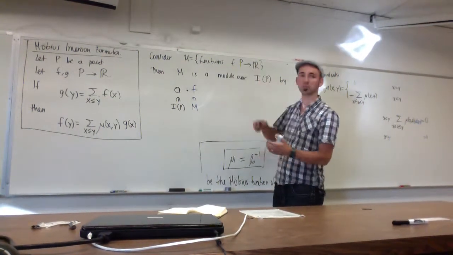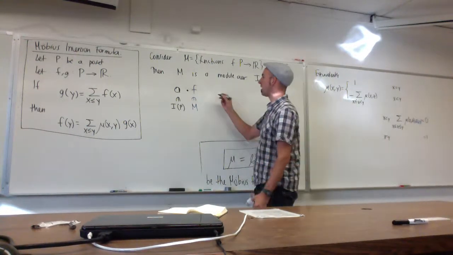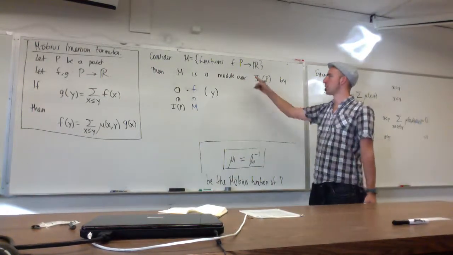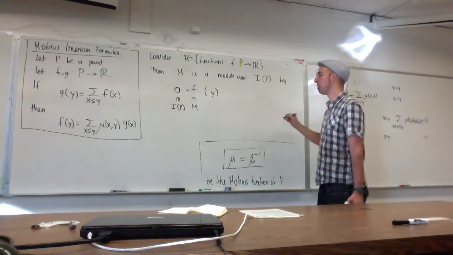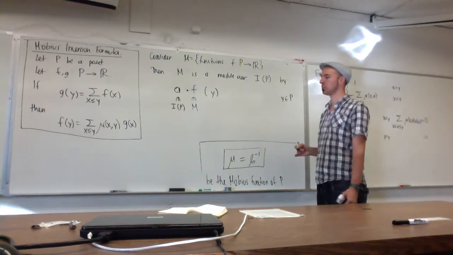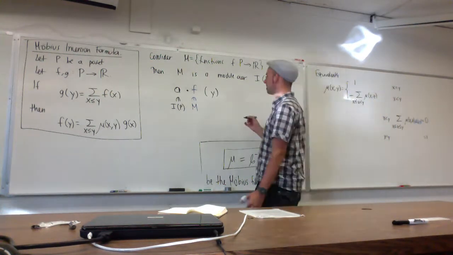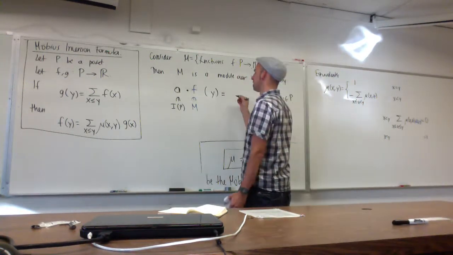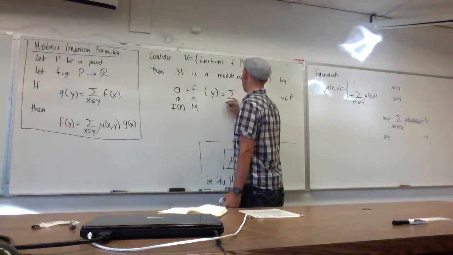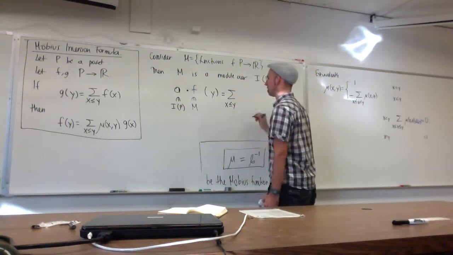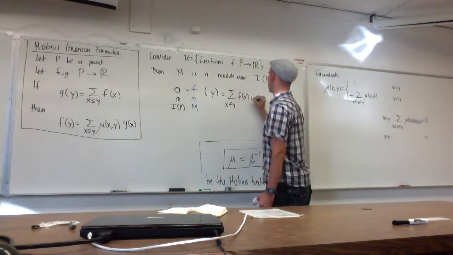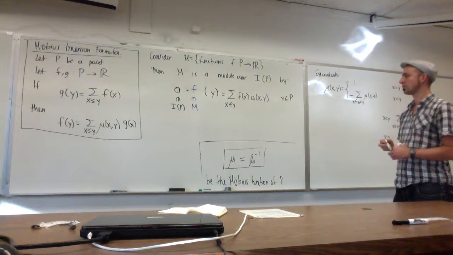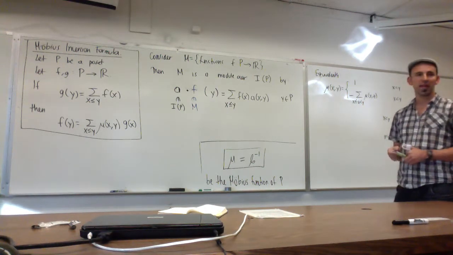In other words, I should get a function from P to R. Okay? And because it's a function from P to R, I need to tell you how to evaluate it on an element of P. Okay? And it's going to be kind of the natural thing.